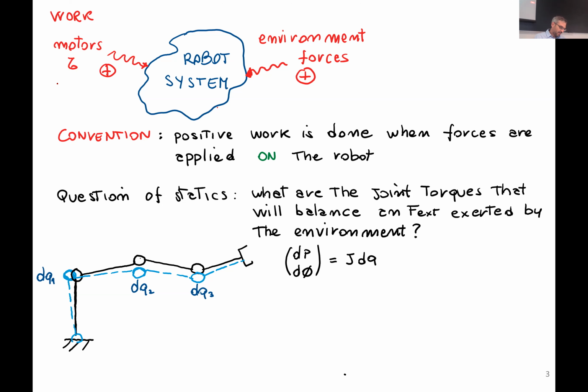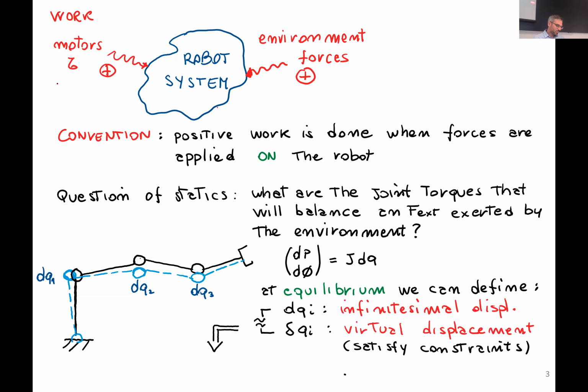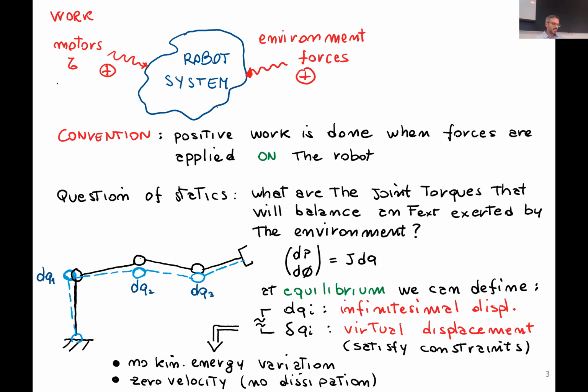And that's why we introduced the concept of infinitesimal displacement, that is the motion allowed by the joint. But these are also virtual displacements, so they don't happen in fact. They're just infinitesimal. And the fact that this motion is almost barely zero means that there is no kinetic energy variation and the velocity is zero. So there is no dissipation in statics.